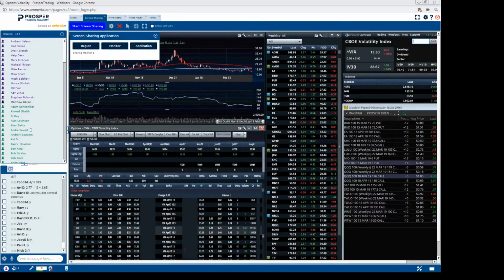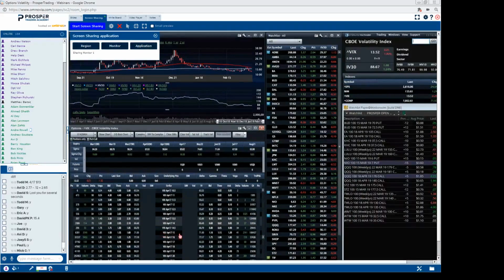So what do we do? Well, the easiest way is to just look at which straddle the calls and the puts are equal. And that will give you a reference as to the VIX future that's trading. So if I look at the strikes here in April, as I get up to 15, we're getting closer to being equal.